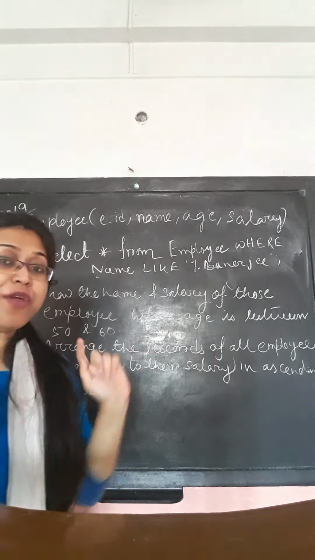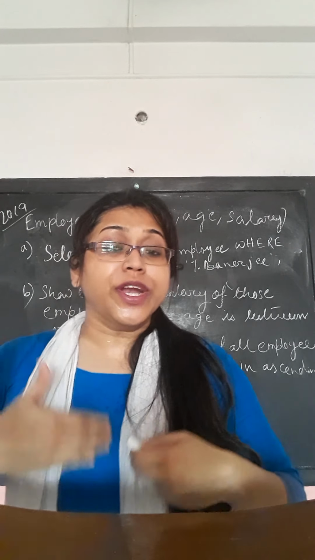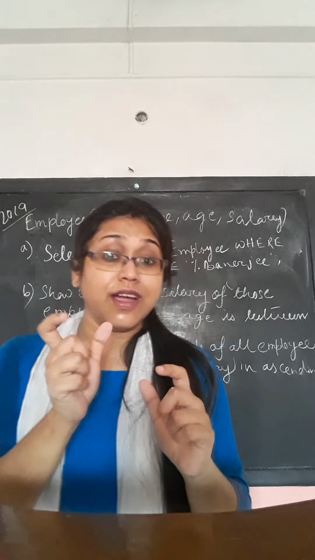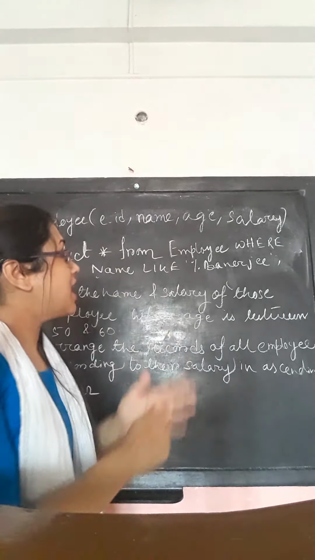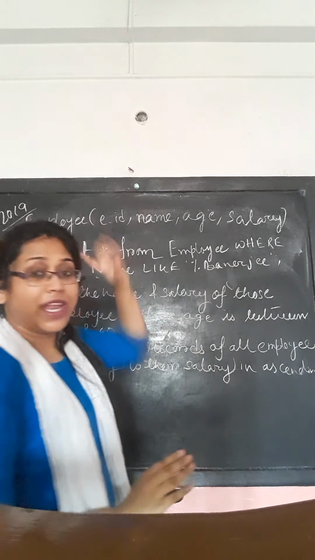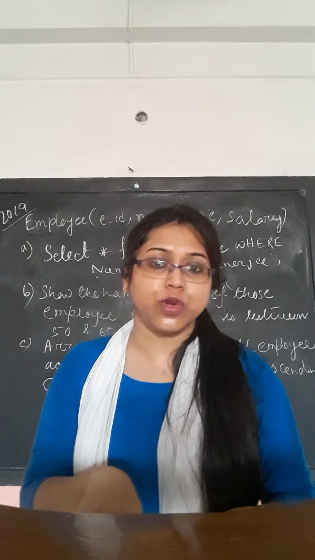So why have we mentioned percentage? When we don't know the length of the name, and here only the surname is mentioned. Okay, but there is no individual column for surname. There is only a single column for name, so you have to mention the surname inside that particular column.